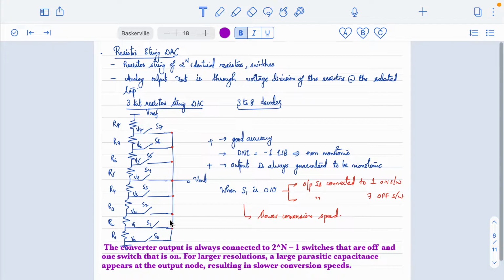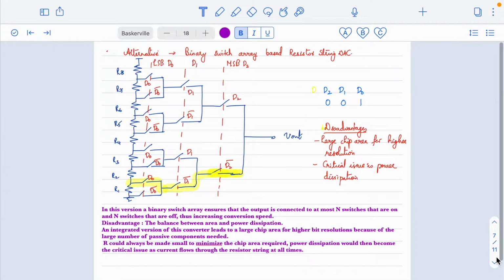But in general, for very basic applications, we can go for this type of DAC. Again, before incorporating it, we should see the need of our specific application. Now, coming to the alternative where we keep a binary switch array, we saw that the output will be connected only through the binary switch array.